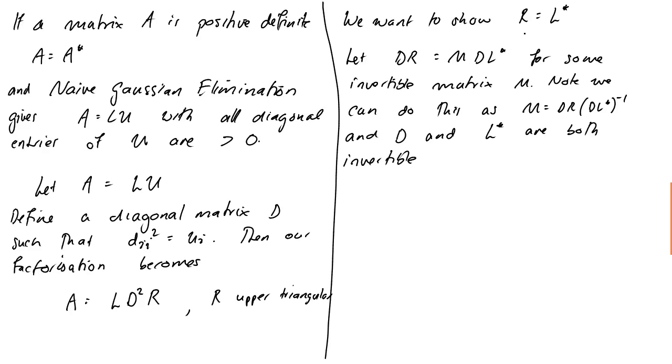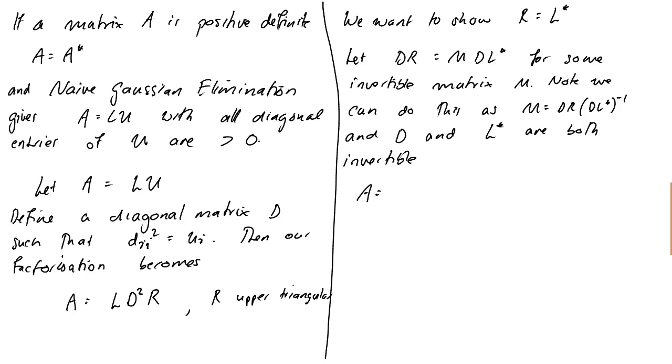So if we can show that M is the identity, that's equivalent to showing that R equals L star. If M is I, then we've got DR equals D L star, and we'll have the relationship that we want. So let's see what we can say about M.